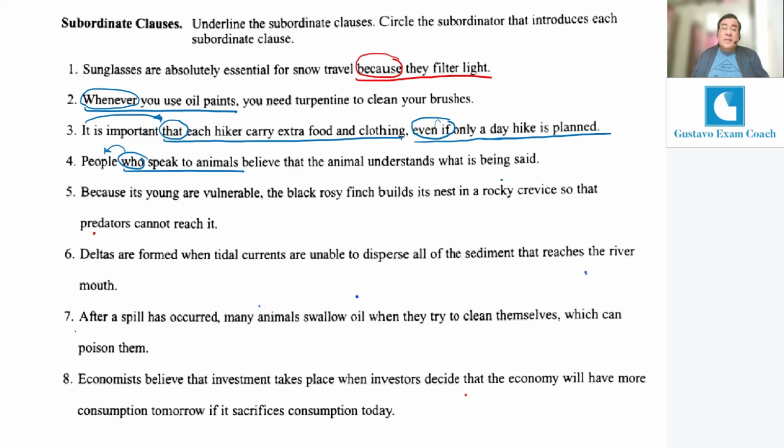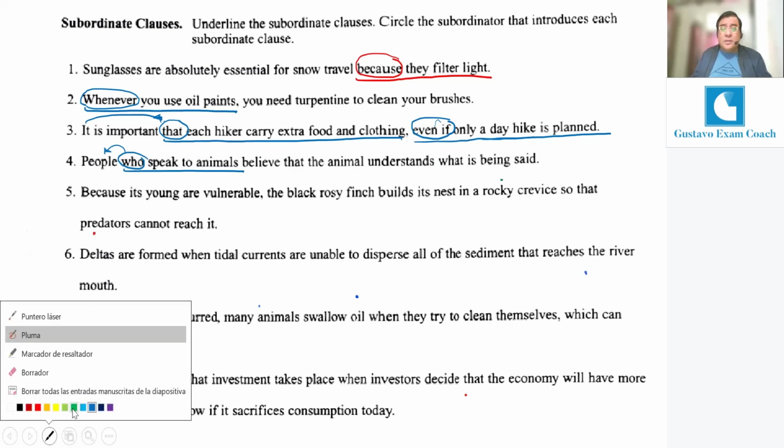Okay, we see that there is the conjugated verb for the subject in our independent clause, that is believe, and then after believe there is another clause, that the animal understands what is being said. Yes, all this actually stands for another subordinate clause.